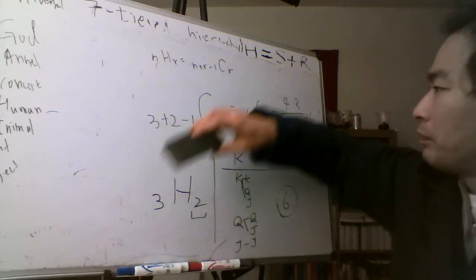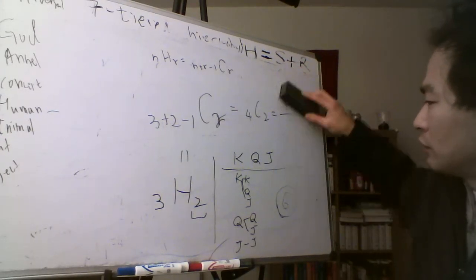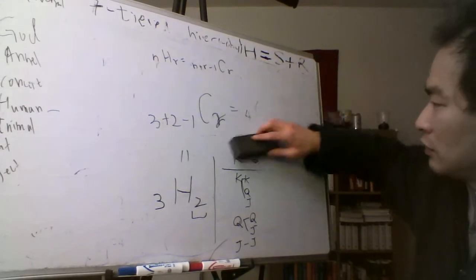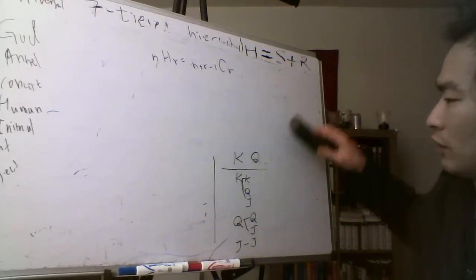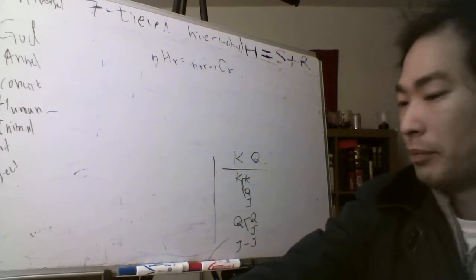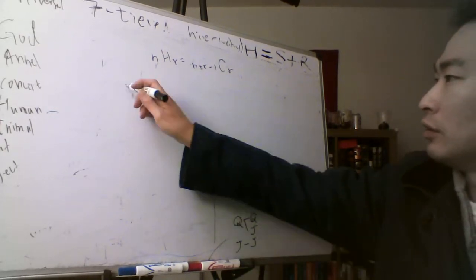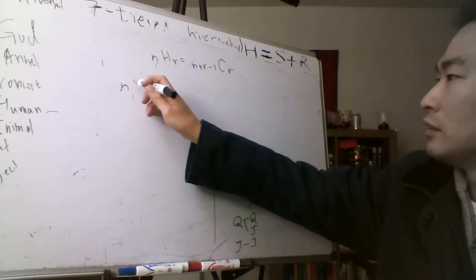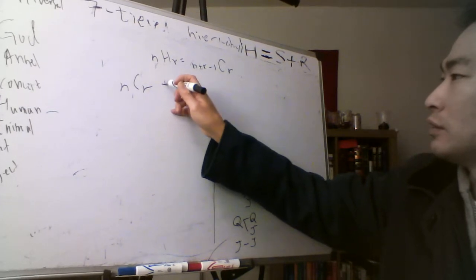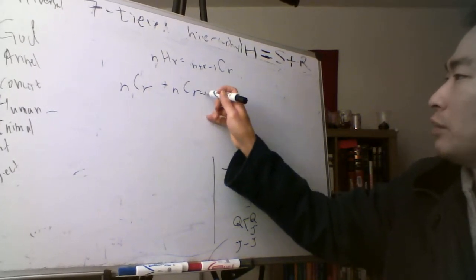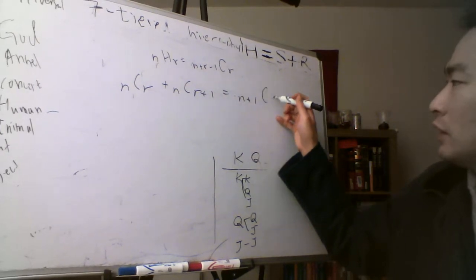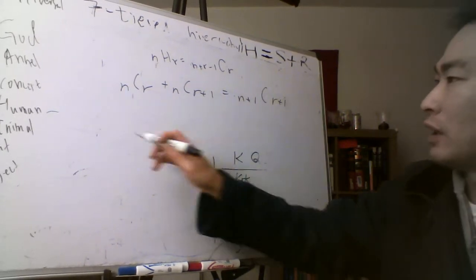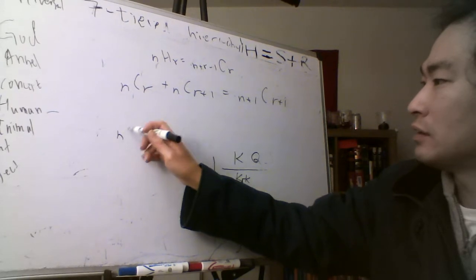the binomial coefficient, the Pascal's triangle, that formula was, by the way, you have the NCR plus NCR plus 1 is equal to N plus 1 CR plus 1. And also there is another handy formula, okay?